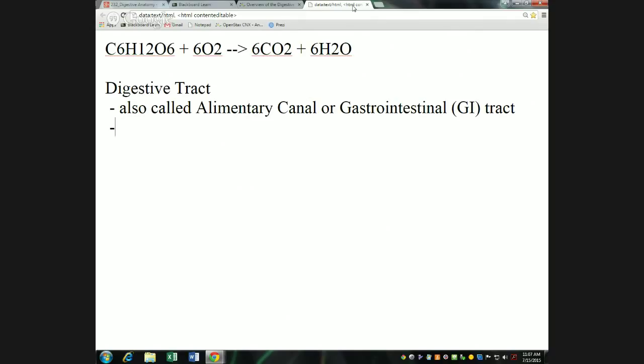This is made up of organs or structures that food passes through.